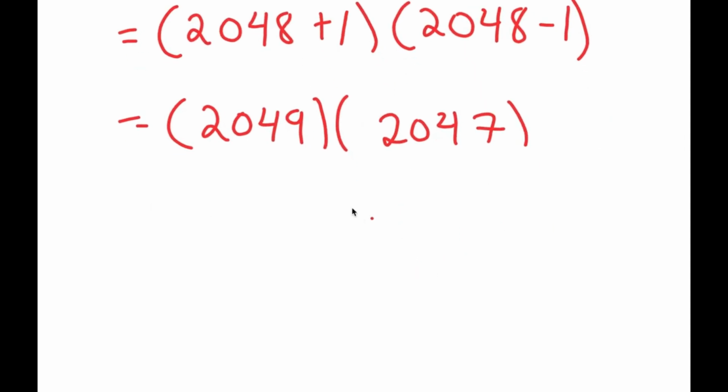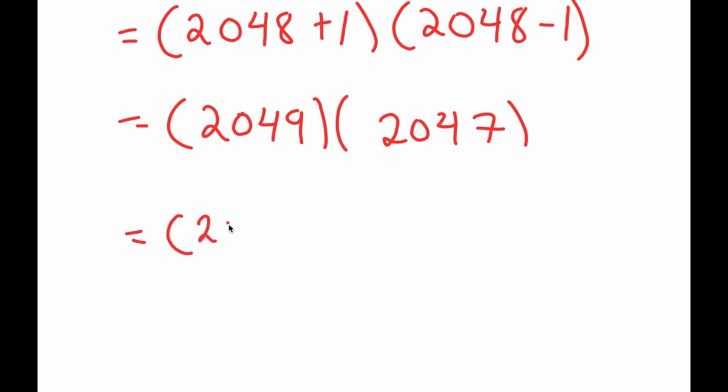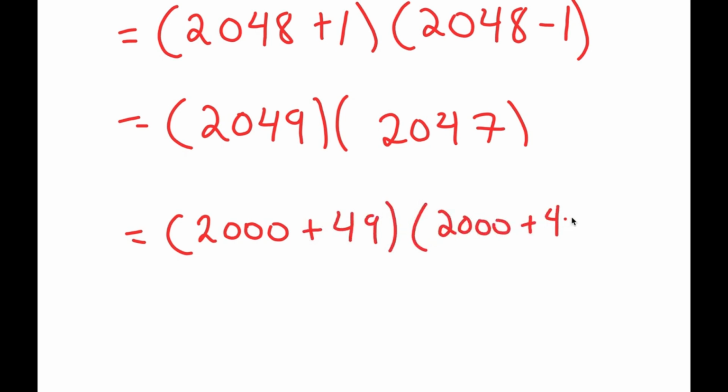And now, a simpler way of multiplying this, rather than the usual method, which takes way too long, is to rewrite this as 2000 plus 49 times 2000 plus 47.